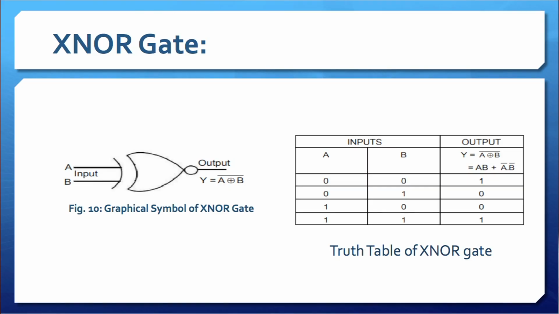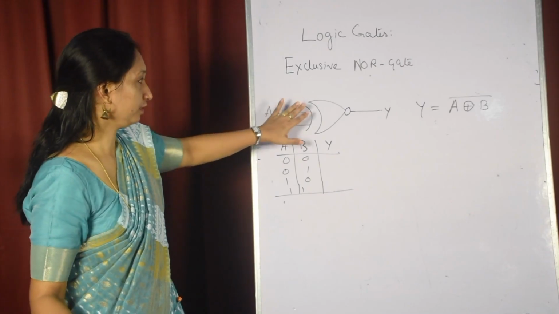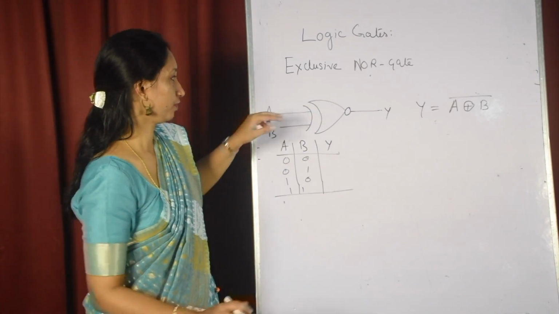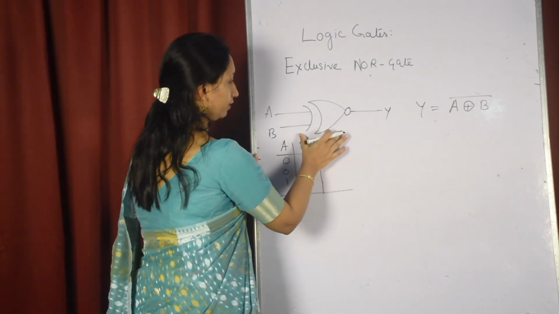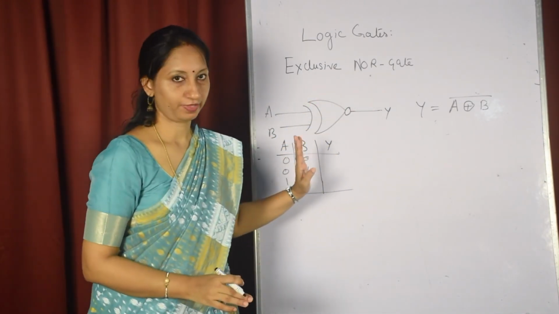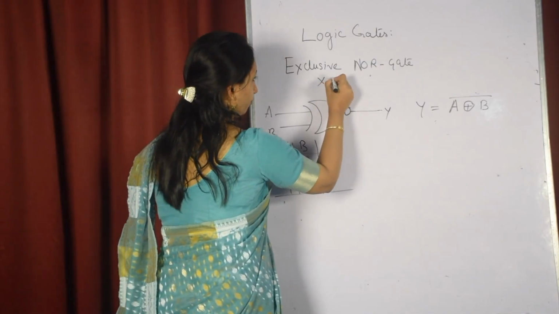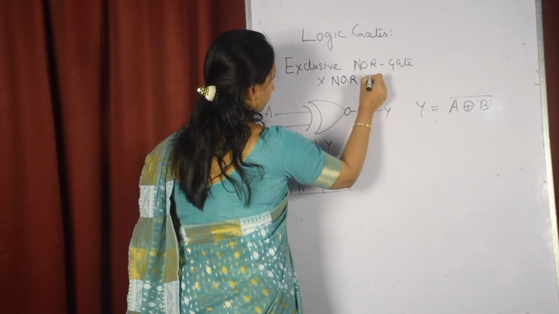So next gate is the exclusive NOR gate. In the XOR gate, if we put a circle here, we will get the exclusive NOR gate, or we can write XNOR gate.